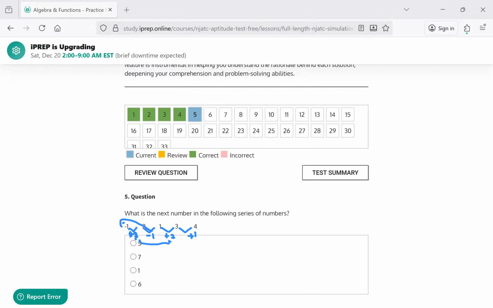The next number would be plus 1, right? Because we went from 3 and then -1, and then this is aligned with 1. So from 2, I think you have to subtract 1, so that's why it's a plus 1. So the next number would be 4 plus 1.